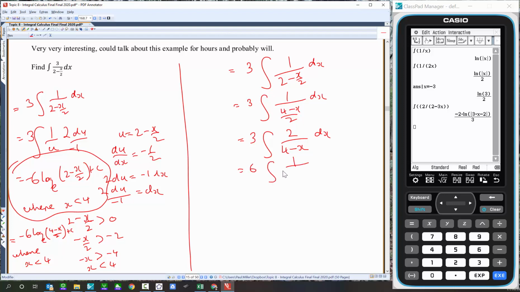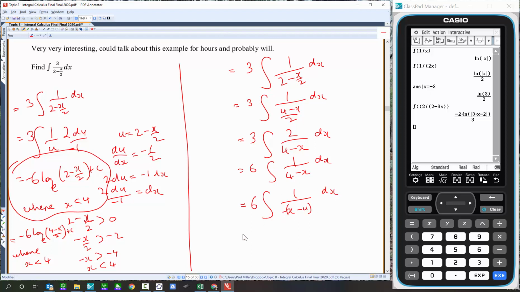6. Now I'm going to do the same move that I did in the previous example. 6 integral 1 over -x take 4 dx.